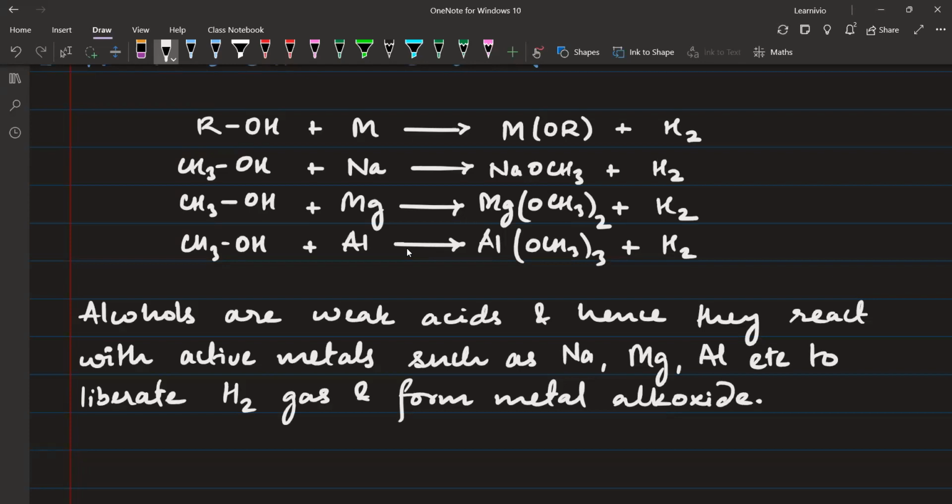So this is one reaction which shows the acidic nature of alcohols.